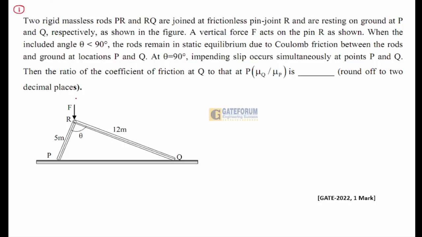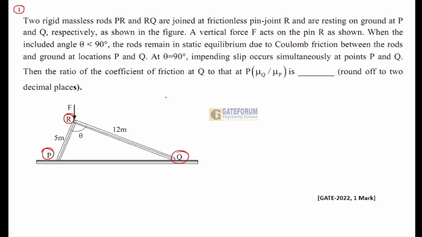Two rigid massless rods PR and RQ are joined at a frictionless pin joint R. This is a frictionless pin joint. PR and QR are these, resting on the ground at points P and Q as shown in the figure.